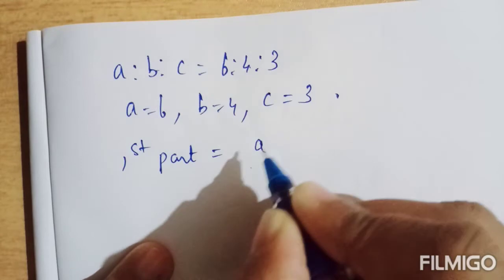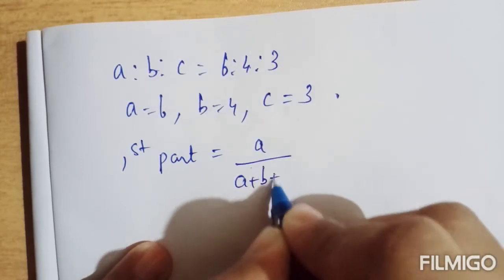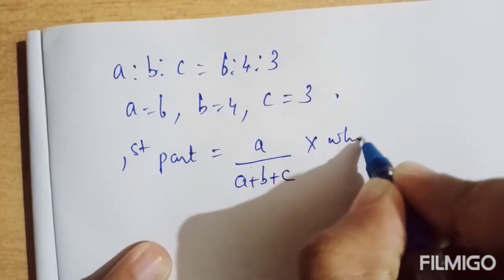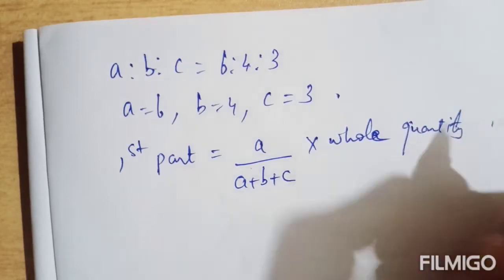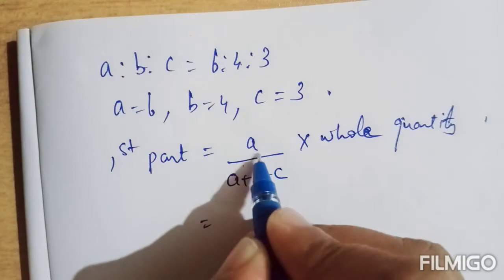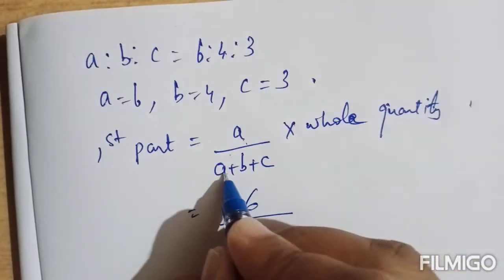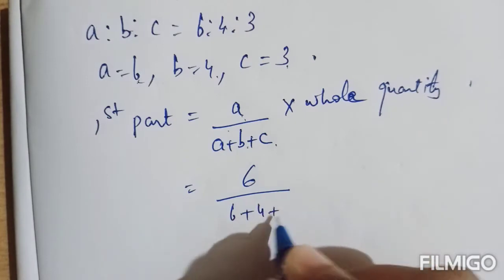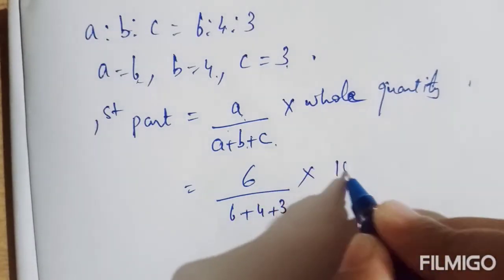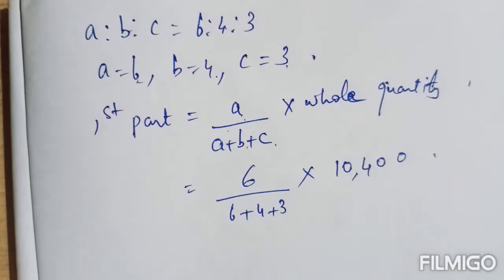It is formula A by A plus B plus C into whole quantity. This is the formula for finding the first part. So in place of A it is 6 by A plus B plus C it is 6 plus 4 plus 3 into whole quantity, it is rupees 10,400.